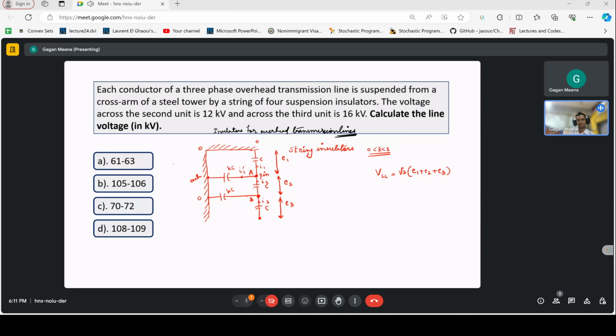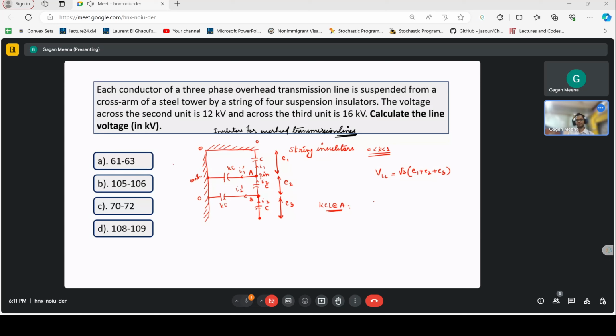Now we have to write current in the form of voltage. You know current is voltage divided by impedance, and here impedance is 1 by j omega C. So current is V by Z, and Z is 1 by j omega C. So it is j omega C into V. So this is the current.